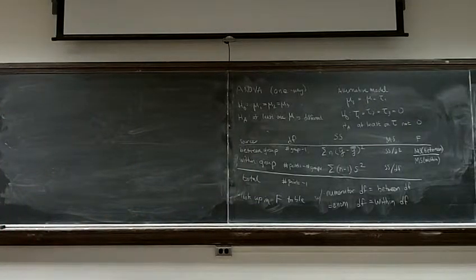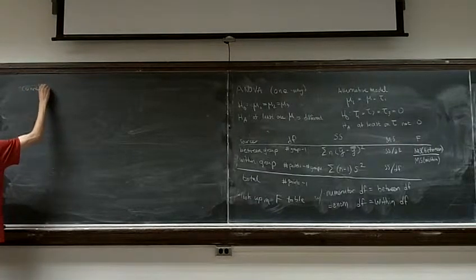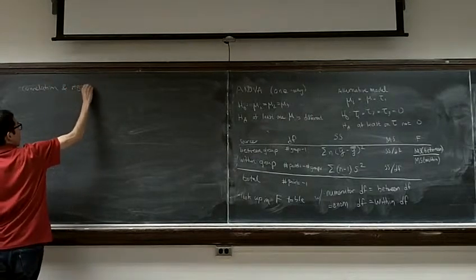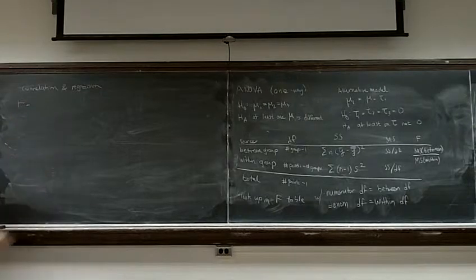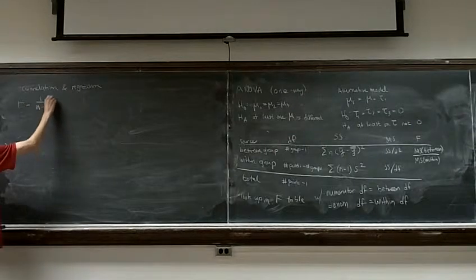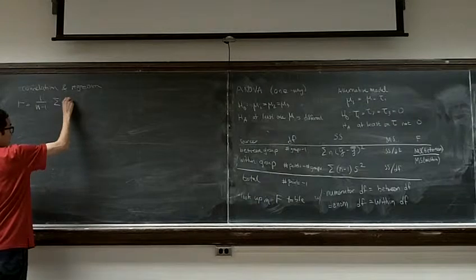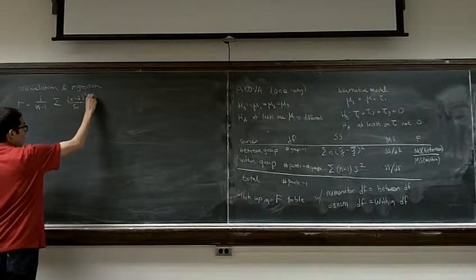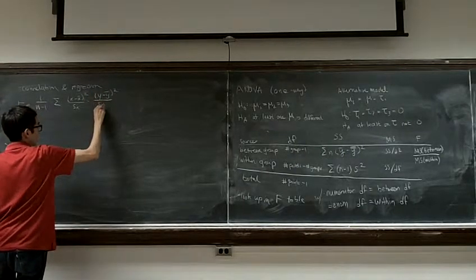Okay, and then the last thing is correlation and regression. So correlation, the correlation coefficient is 1 over n minus 1 times the sum of x minus x bar over standard deviation of x times y minus y bar over standard deviation of y, okay?